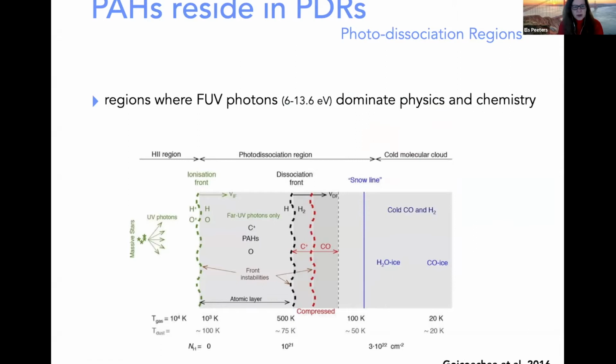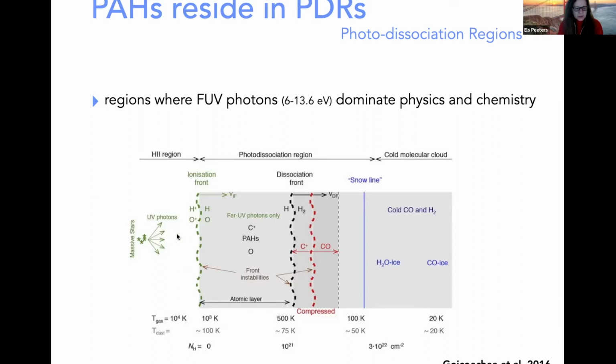And classically, PDRs have been associated with HII regions because if you look at this figure here on the left, you can see your massive stars that will create a region of ionized gas because of their strong and hard radiation field.